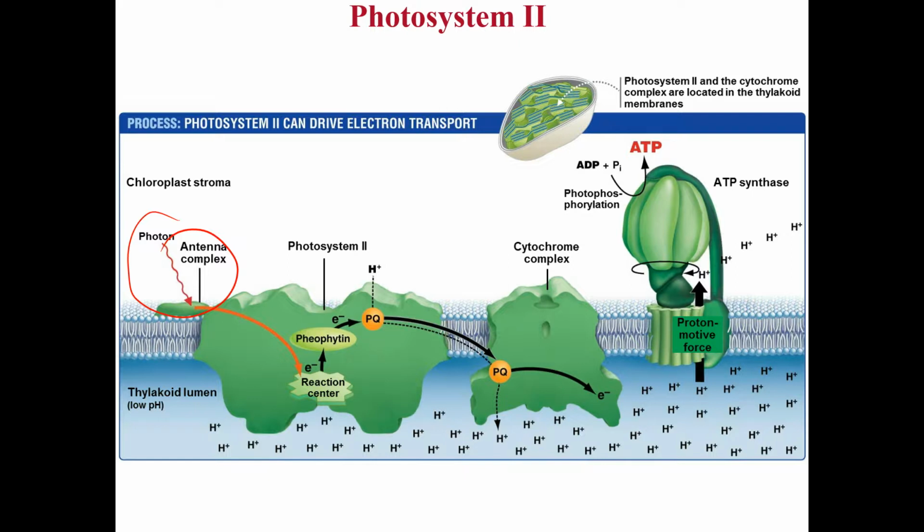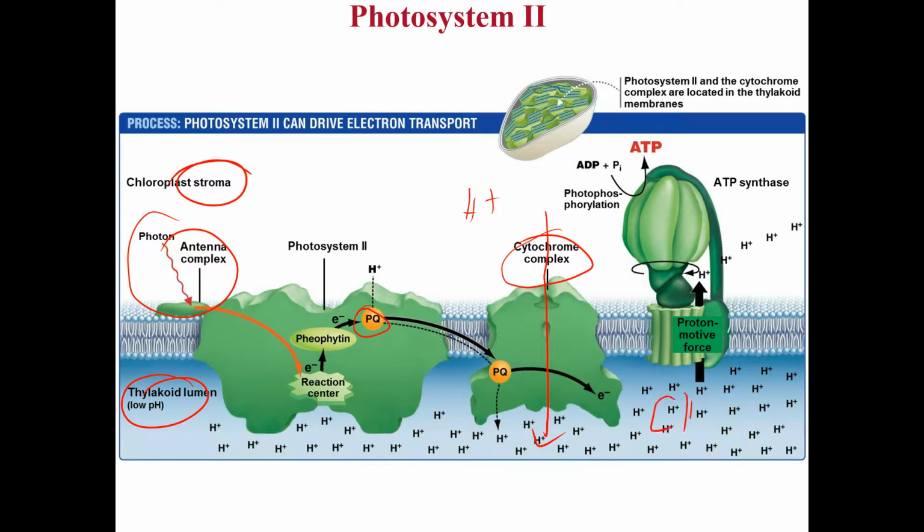When it accepts these electrons, the electrons get passed to a membrane protein called plastoquinone. Plastoquinone transfers these electrons to our cytochrome complex, which allows for the movement of protons from the stroma into the thylakoid lumen. So you build up a large concentration of protons in the thylakoid lumen.